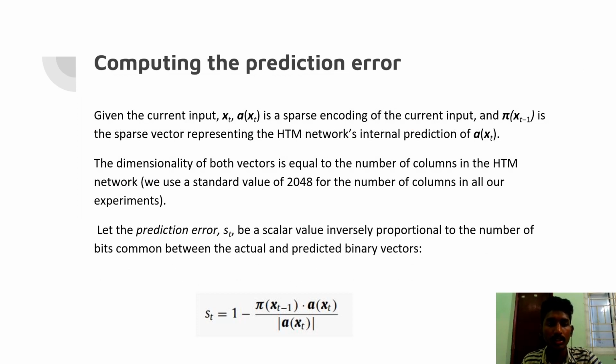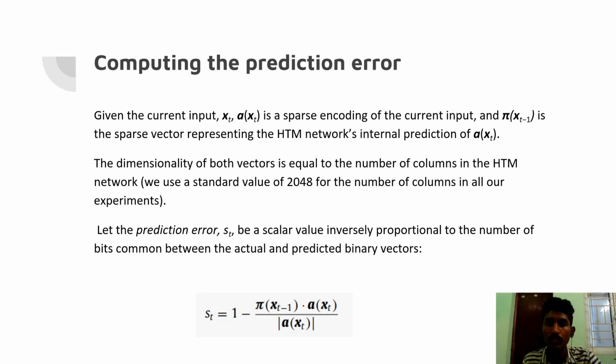Now let's discuss how we compute the prediction error. Given the current input xt, a(xt) is a sparse encoding of the current input, as we discussed earlier, and pi(xt-1) is the sparse vector representing the HTM network's internal prediction of a(xt). The dimensionality of both vectors is equal to the number of columns of the HTM network.